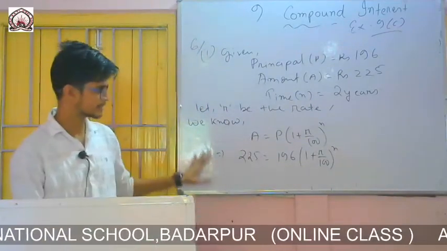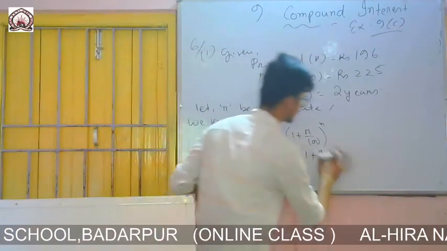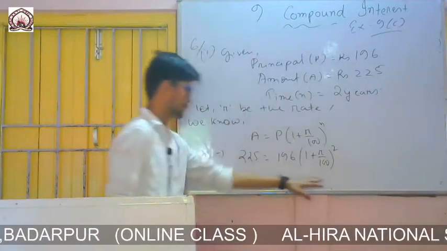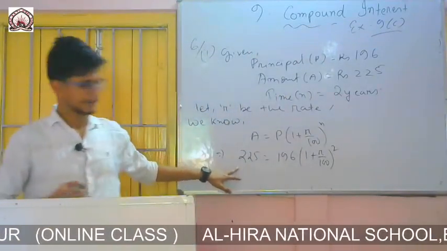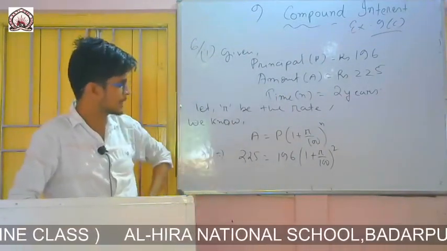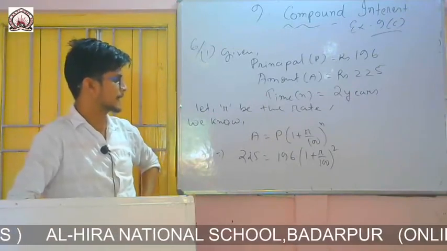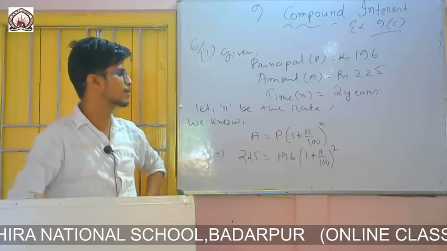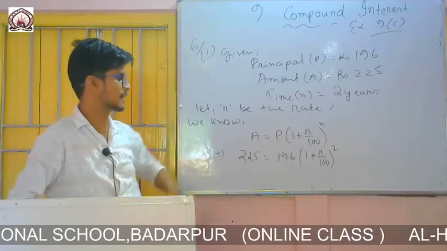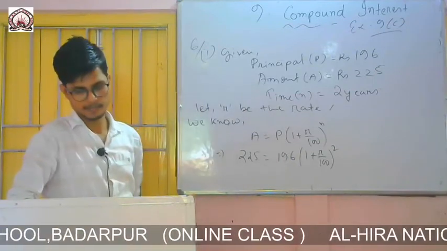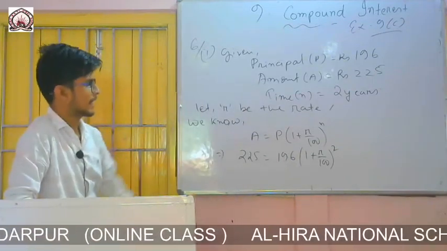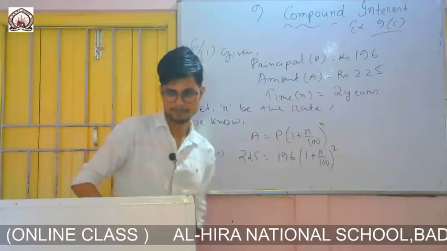I have written n is 2 years. Rate we don't know, that's why I wrote 1 plus R by 100, and in place of n it is given square.